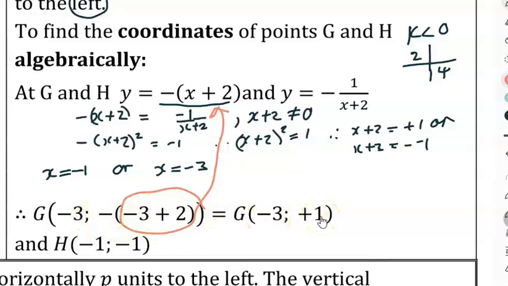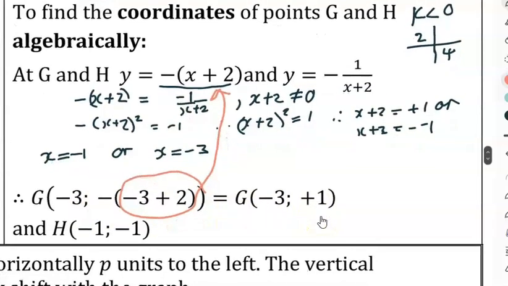And for x equal to minus 1, if I plug it in there, I'll get minus 1 plus 2, which is equal to minus 1. So that is my H value.